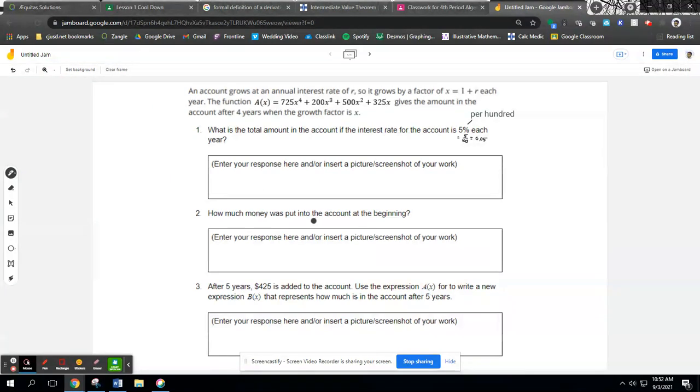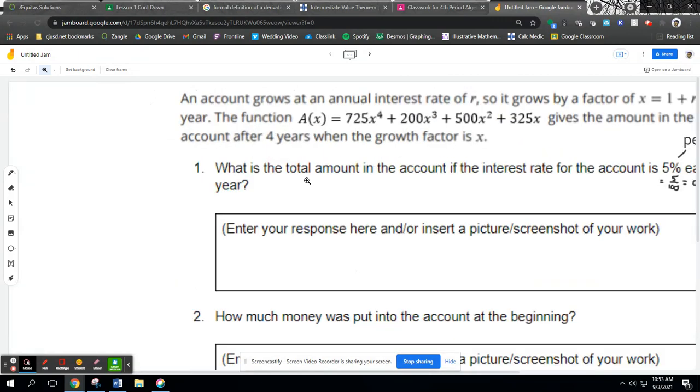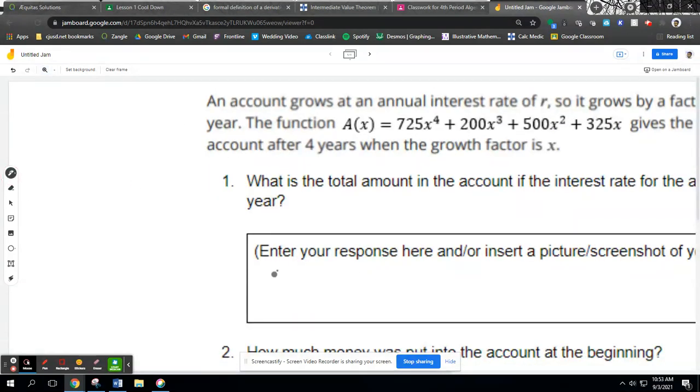So what is the total amount in the account if the interest rate for the account is 5% each year? Well, that means we're going to have a growth factor of x equals 1 plus this rate. So we know that x is equal to 1 plus r, and the rate that we're increasing by is 0.05. Now we can add these together because we have the decimal.